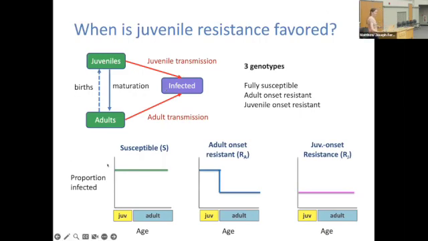So we have a juvenile class and an adult class, and we can compare individual genotypes that are fully susceptible to ones that have what we see in the field, which is completely susceptible at the juvenile stage, and then jump to having high resistance at the adult stage, against another genotype that's resistant as soon as it's born and throughout its lifespan. And we assumed a cost of resistance, and that this was slightly more costly than this one.